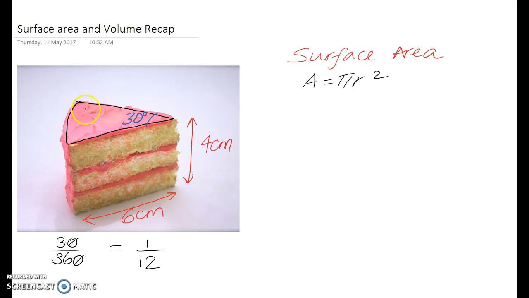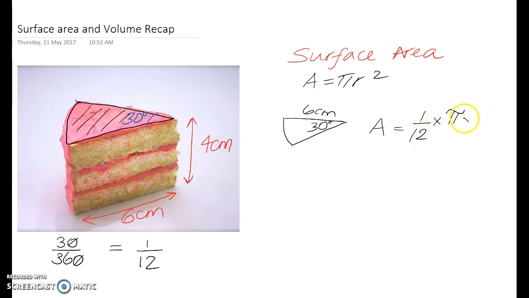So that area just up the top there, we're going to sort of draw it like this with 30 degrees there, and a 6 centimetre radius. So that area is going to be by itself 1/12 of pi times the radius squared.